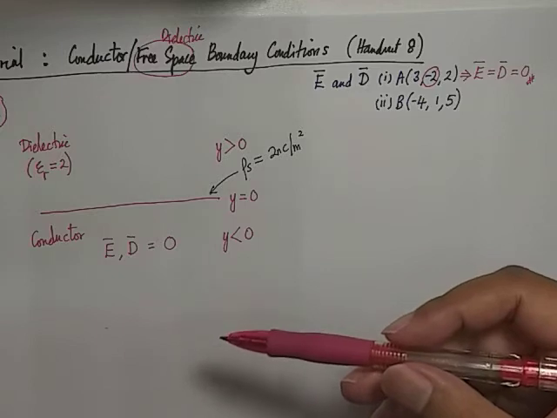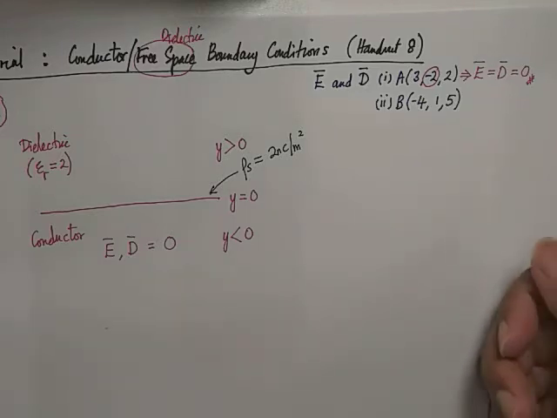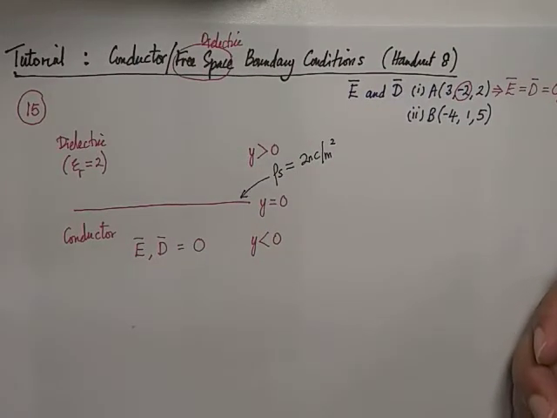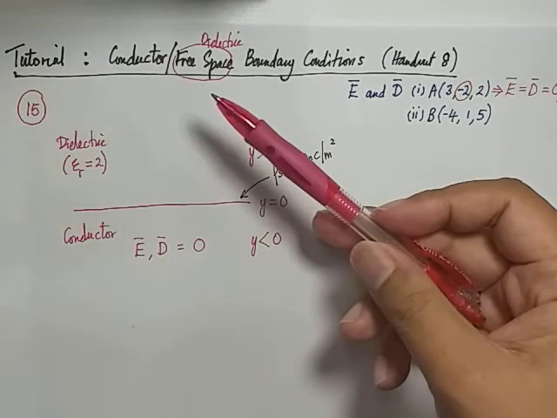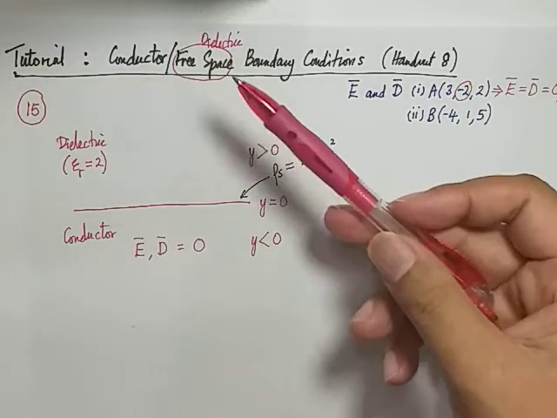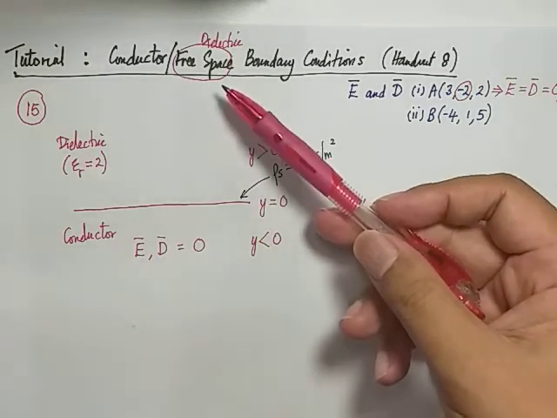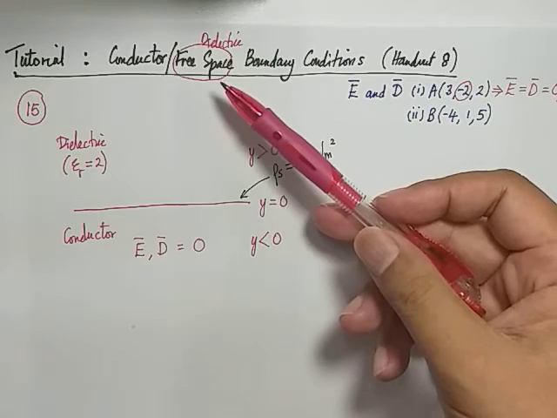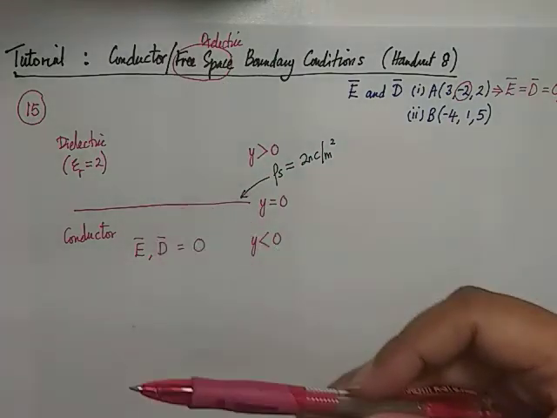So now let's focus on the other characteristic of the conductor dielectric boundary condition. So we know that there's going to be field in the dielectric region, and the field must behave what to the boundary.